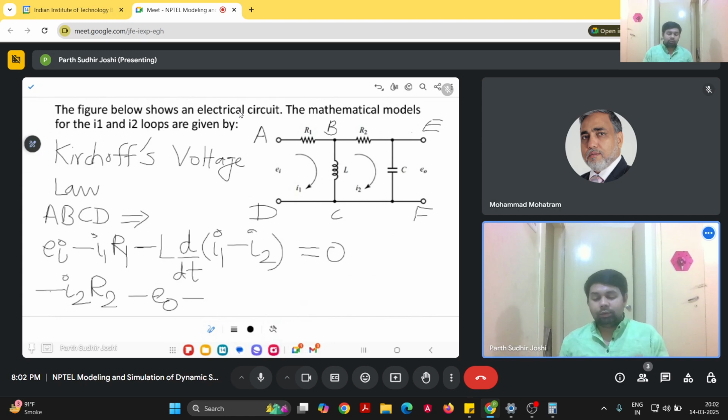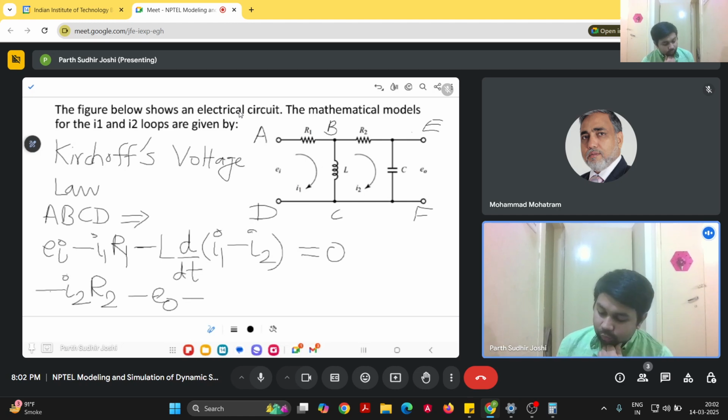And then, as we assume that the net direction of the current is from B to C for the inductor, if we are traversing the loop from C to B, then we are going in the direction opposite to the current.